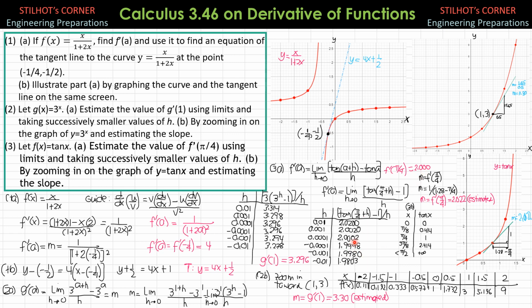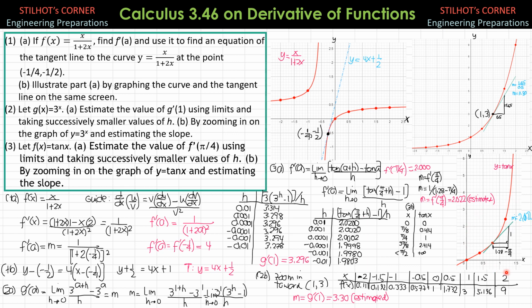Although it's 2.002 here, we have to round off values to just 3 decimal places, so that's why it's 2. Then, by estimating, this is the tangent. Because this is 1 at pi over 4 here, this value upon estimating horizontally is 1.28. So 1.28 is based on my estimate at this point here.